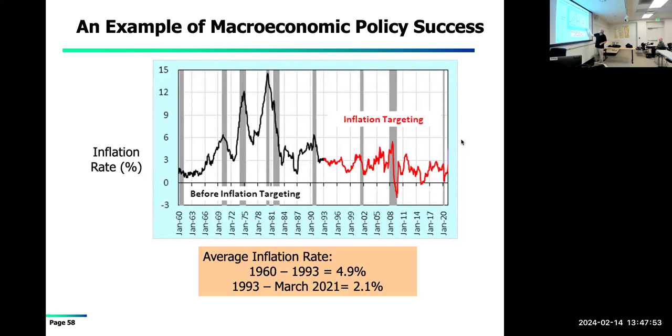I assert this red line is when the Federal Reserve started instituting targeting procedures, first on an ad hoc basis and then on an official basis. These are vastly different experiences. And if you just take the average inflation rate in this red period, it's like 2%.